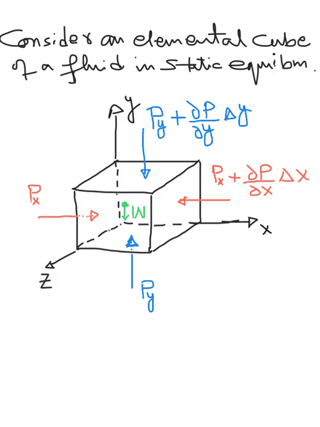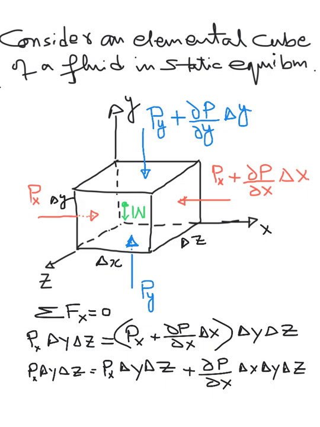Make sure that del x is the length in x direction, del z in z direction, and del y in the y direction, the dimensions of this element. Now we will apply the summation of forces in the x direction on this element. By the way, the same forces you can extrapolate for the z direction.